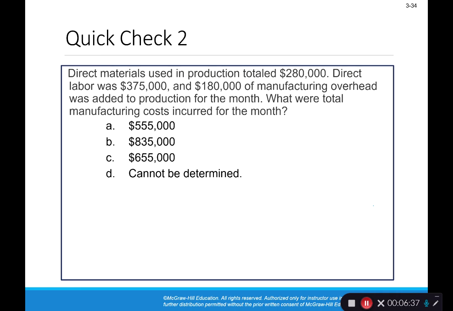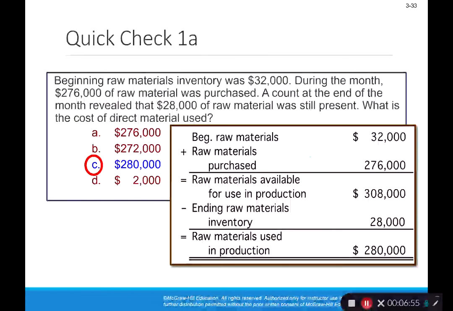And now welcome back. Direct materials used in production totaled 280. Direct labor was 375 and 180 was overhead, and it wants to know the manufacturing costs. Well, manufacturing costs are direct materials, direct labor, and manufacturing overhead. If you have a poor memory like me, remember that 280 in raw materials used.